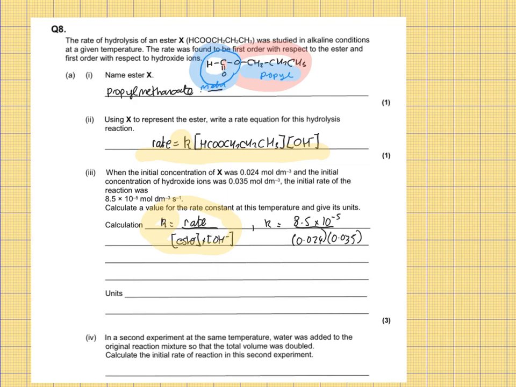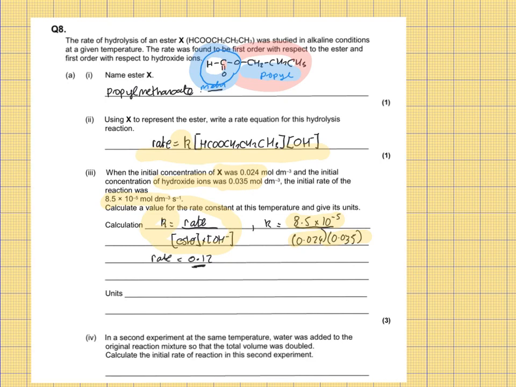We then substitute the values. Let's check the rate. The initial rate is 8.5 times 10 to the minus 5. The concentration of the ester, which I've got here, is 0.24, and the concentration of the hydroxide ions is 0.35.